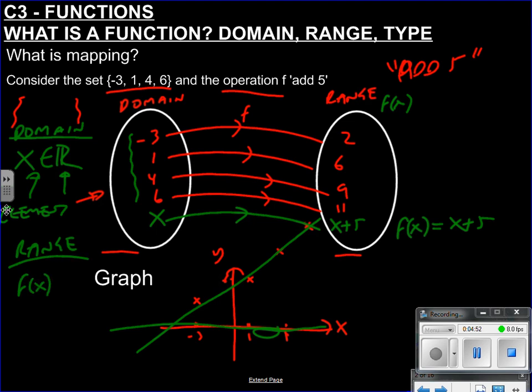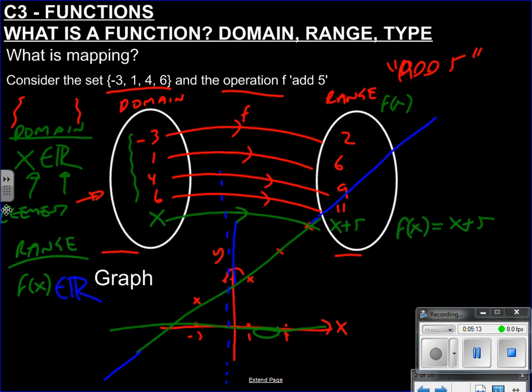What possible numbers can the y value take? You can see that this line is just going to keep going on forever, and therefore it covers every single number on this number line for the y. So if the domain covers all real numbers, the range covers all real numbers as well.